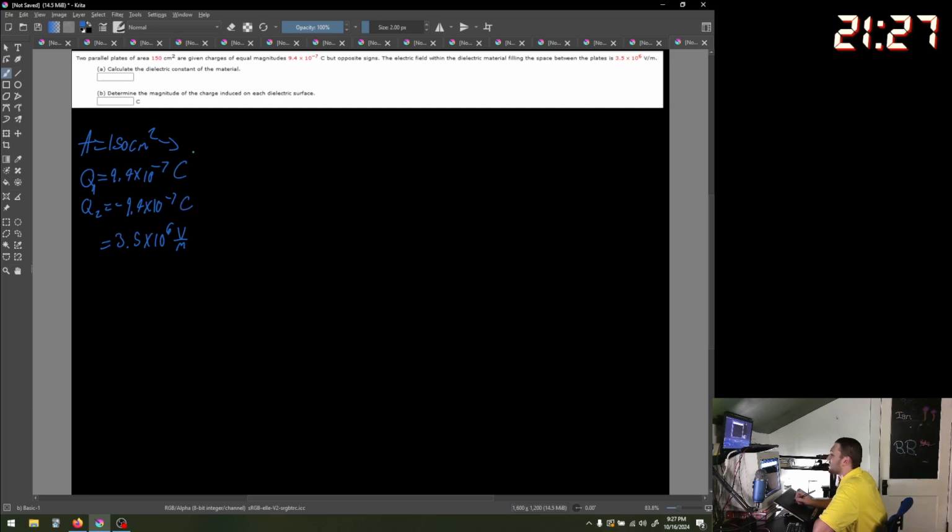Charge and C, charge and C. And then 150 centimeters squared becomes 1.5 times 10 to the negative 2 meters squared.